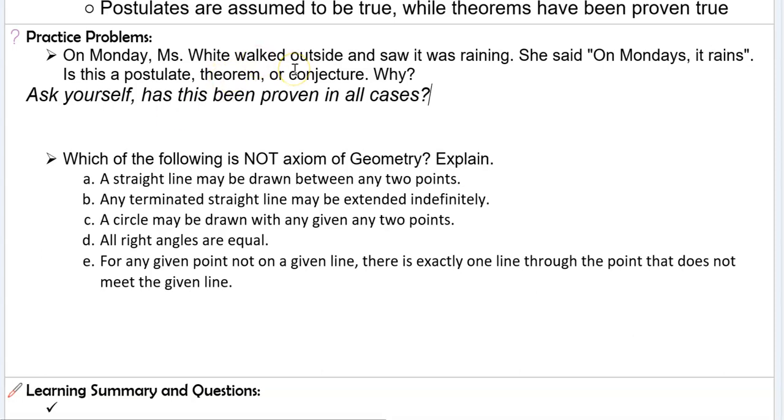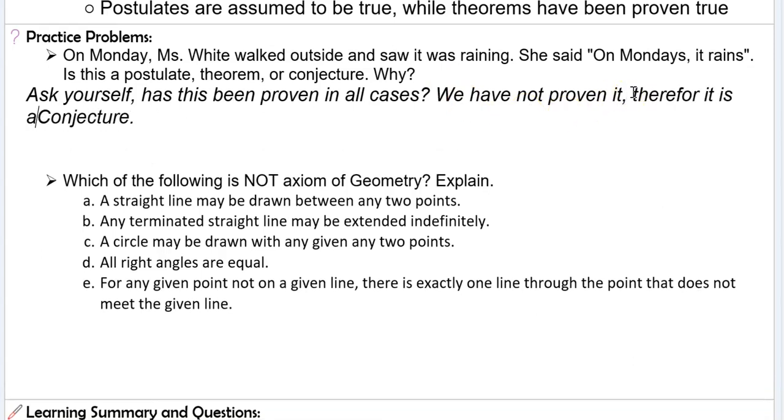I have one Monday, and on one Monday it rained. But that doesn't tell me anything about the Mondays in the future or the Mondays in the past. So we didn't prove it. If we haven't proven it yet, then it is a conjecture. So we now know it's a conjecture because we haven't proven it yet.